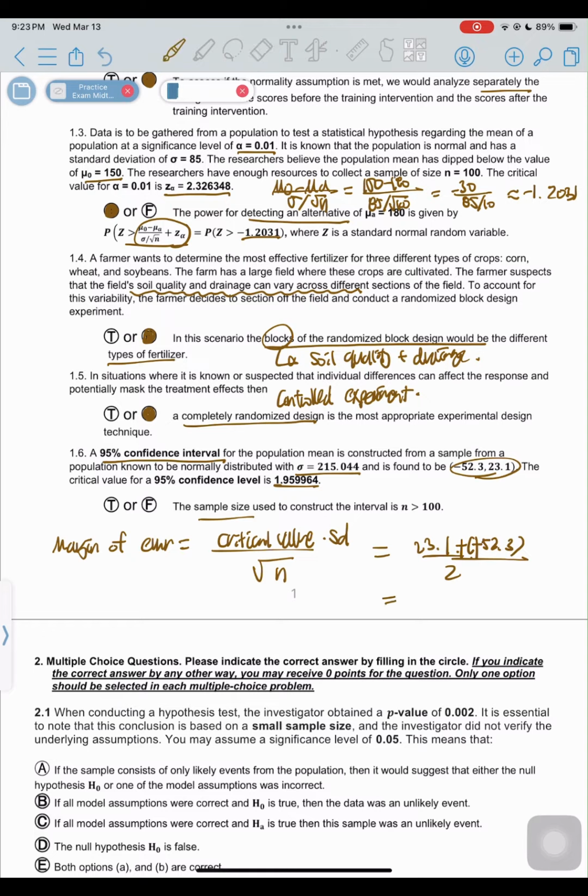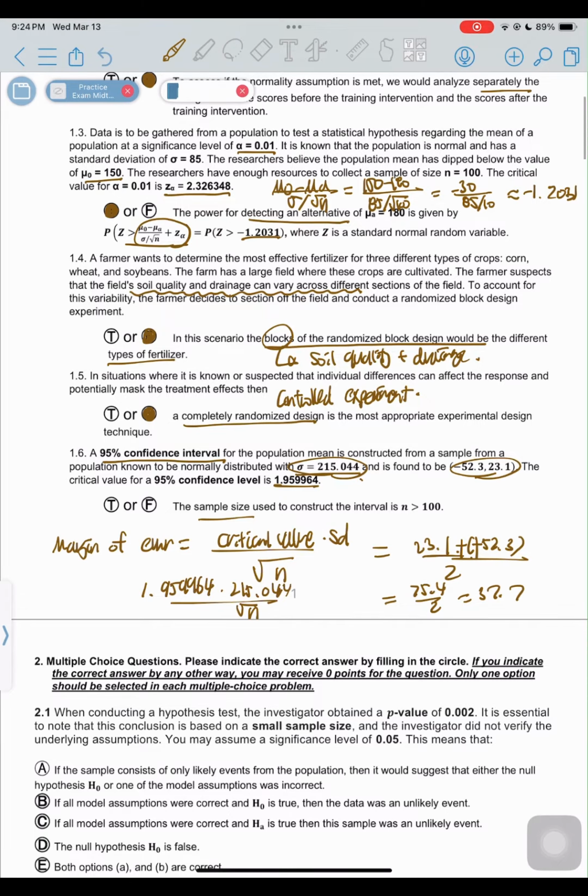23.1 plus 52.3, that is 75.4, divided by 2, 37.7. And critical value is given as 1.959964 times standard deviation, that's 215.044, and we're interested in square root of n.